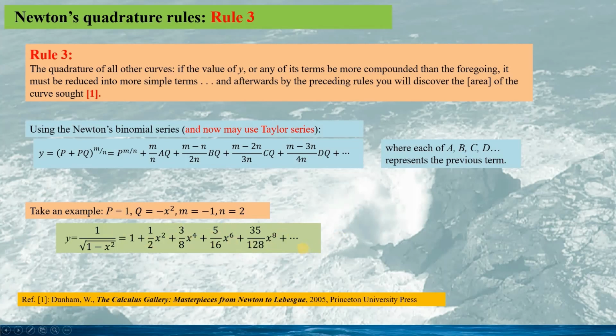From this binomial series, we can see each term is a simple power function curve, and the area corresponding to each term can be easily calculated. So, based on Newton's quadrature rules, we can obtain the area of the complicated function, as well as the derivative of the complicated function. This is the purpose for which Newton developed his quadrature rules for calculus.